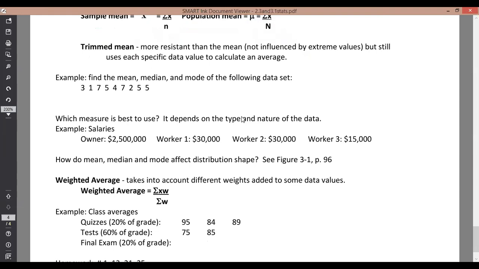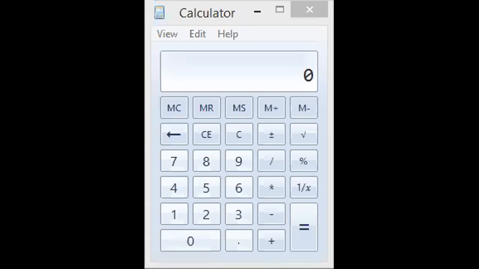See if I can do this. Bear with me while I change my share to a calculator here. Hopefully you'll be able to see this. All right. I think I just shared the calculator. Stop.